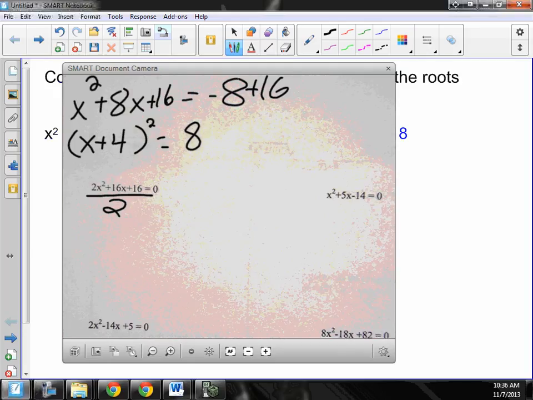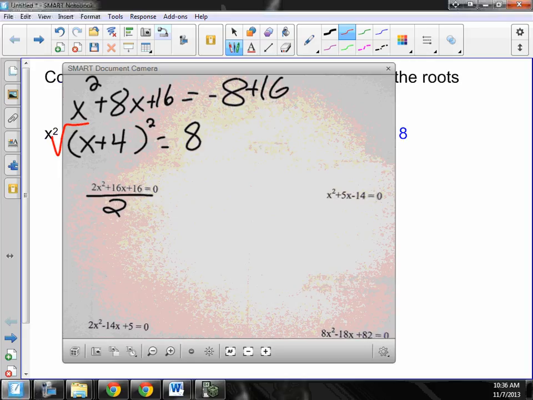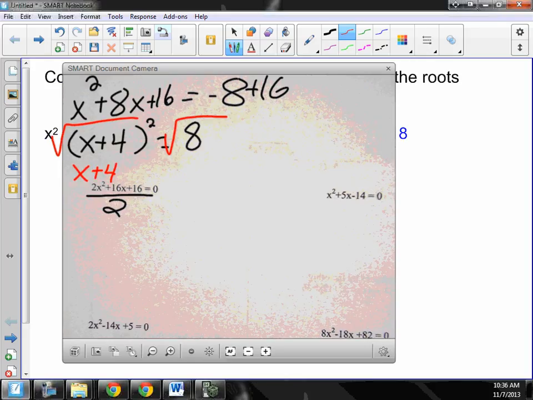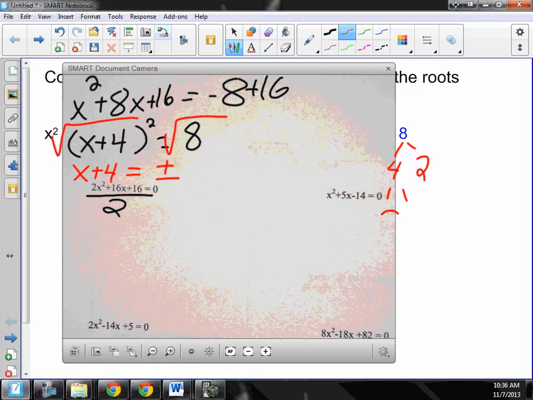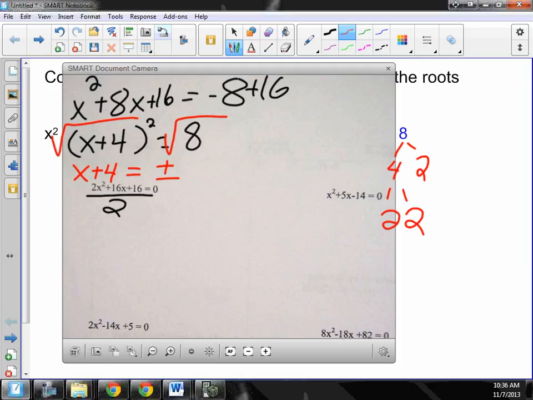Now I take the square root. X plus 4 equals plus or minus the square root of 8. Can you take the square root of 8? No. So I need to factor it. So, oh, look, there's an 8. 4 times 2, 2 times 2. Do I have any pairs? I have a pair of 2s. Anything left over?